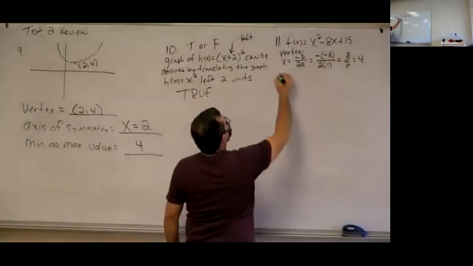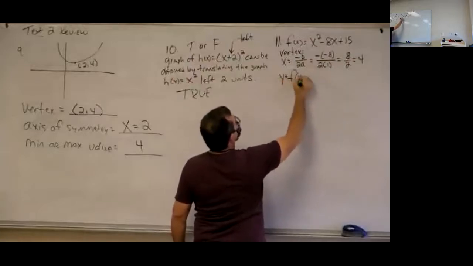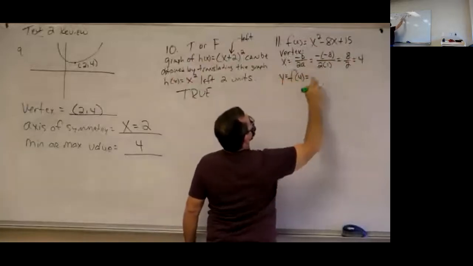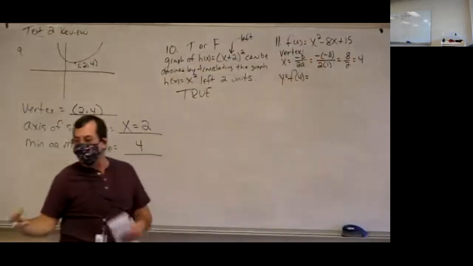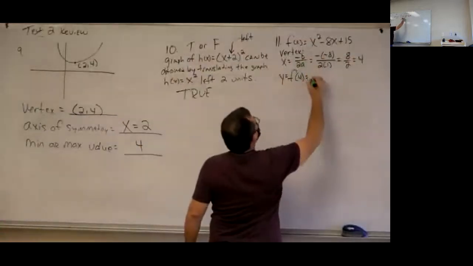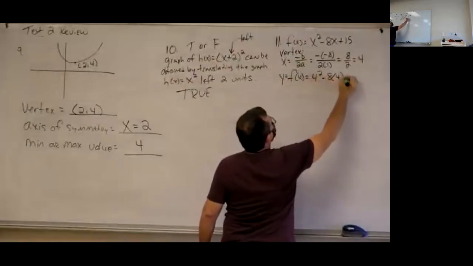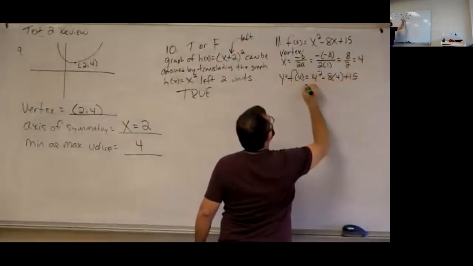I will now find the y value. The y value equals f of that 4. So put a 4 in for those 2 x's and see what we get. So I have 4 squared minus 8 times 4 plus 15.